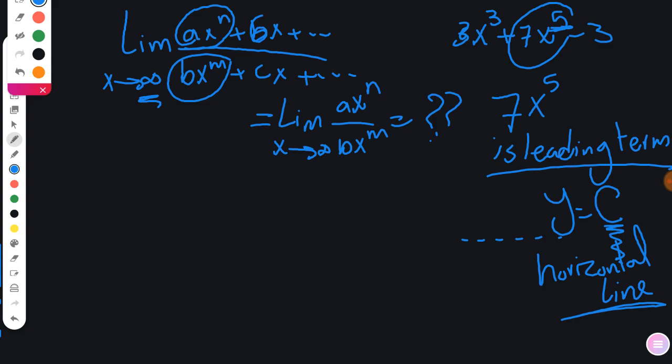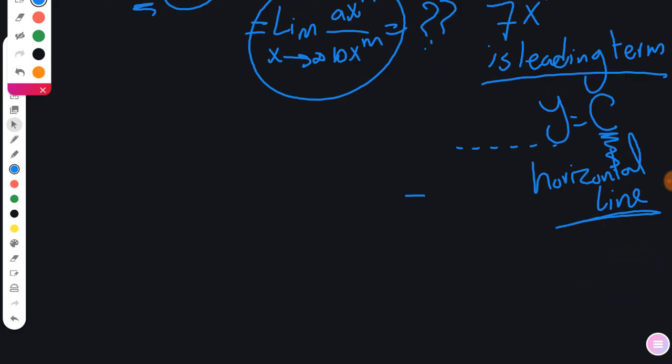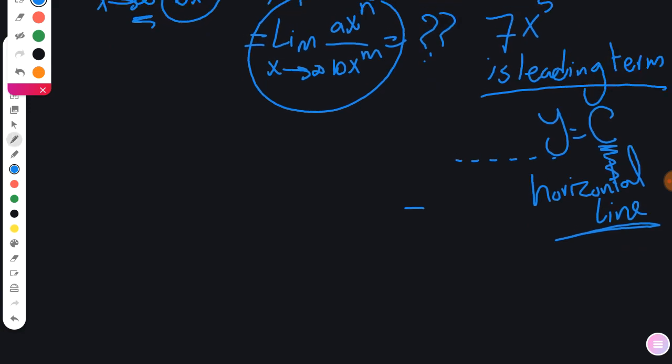Here the result, as you see, will be one of the following. Please focus. I have 3 cases. Here, I have one of these cases.